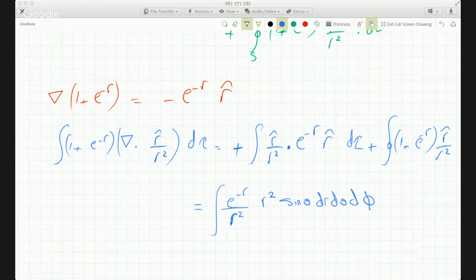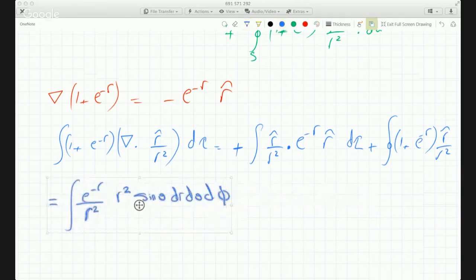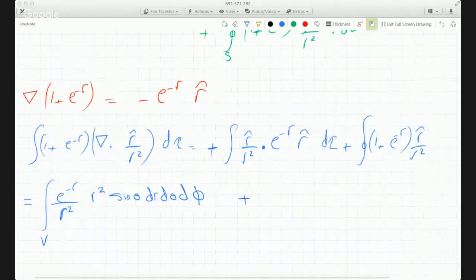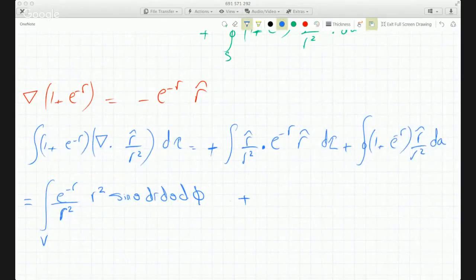Okay, let me move this a little bit to the left because I'm not getting room here for the other one. So this became that, plus, so this is a volume integral plus, oh, there's a dA here that I didn't include, dot dA.